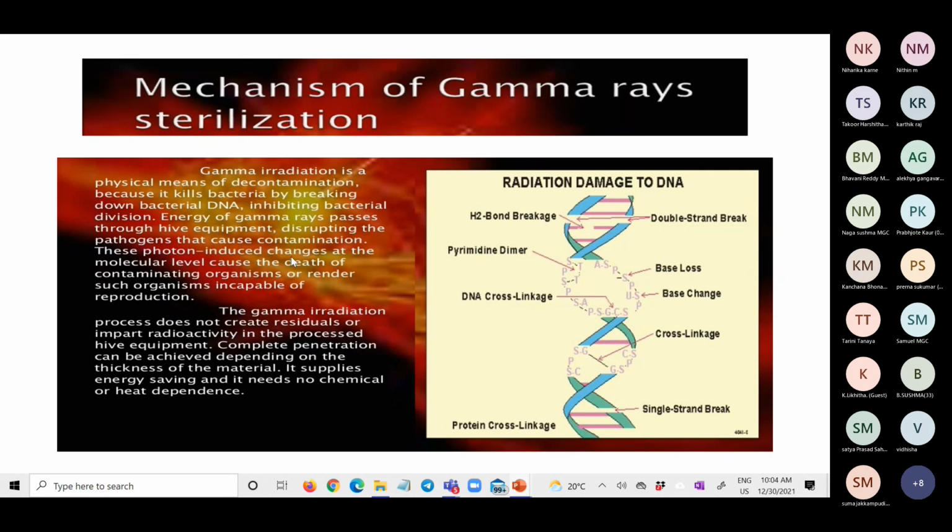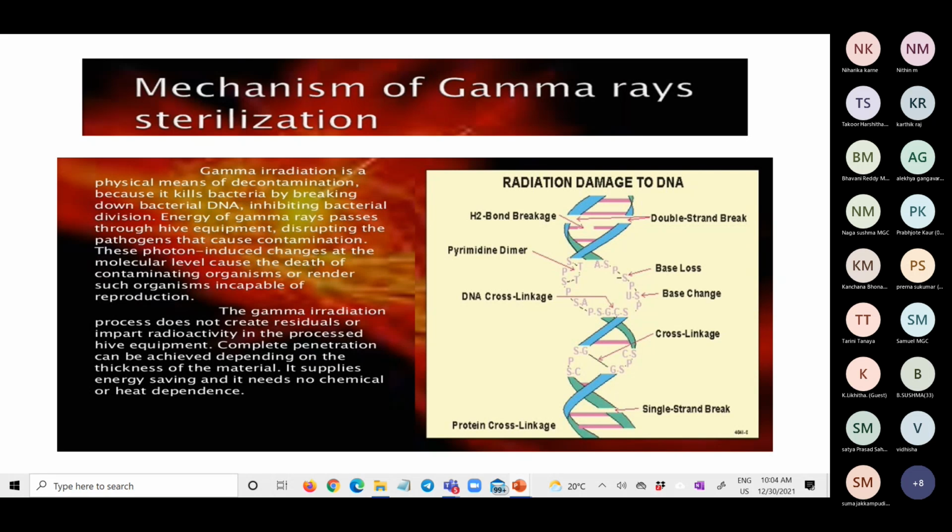These photon-induced changes at the molecular level cause the death of the contaminating organism or render the organism incapable of reproduction. So what is written in these points? Only this much: that gamma radiation will kill the bacteria by breaking down its DNA or by inhibiting bacterial cell division.